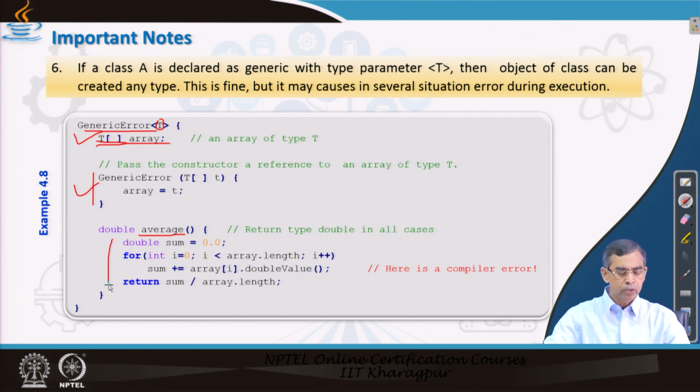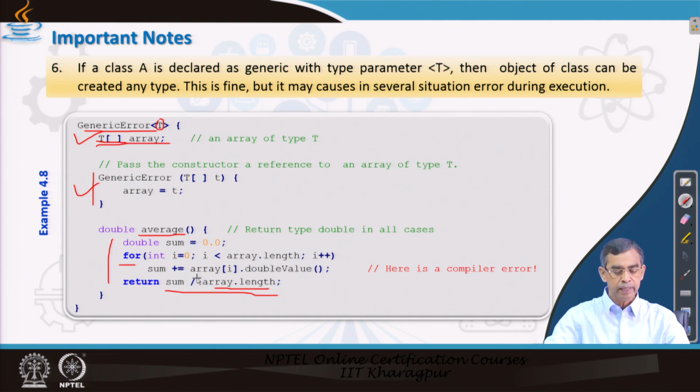The simple logic is a for loop, for each element it calculates the sum of all elements, and then divides the sum by the total number of elements, array dot length, to get the average.